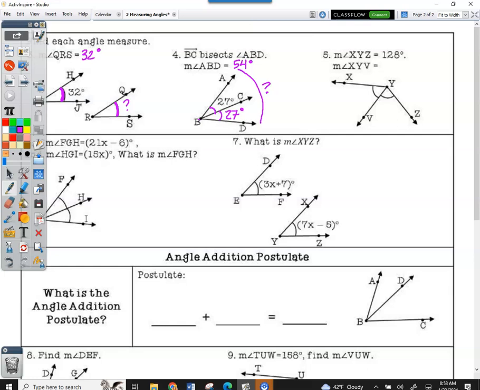Okay, so what would notes look like here? I'm going to label what I know. X, Y, Z. That is the entire angle, right? And I know that it measures what? 128. So I'm going to come out here and write, okay, that whole thing's 128. Then I'm going to put a question mark on the one they asked for. They asked for X, Y, V. Trace it. X, Y, V would be this one.